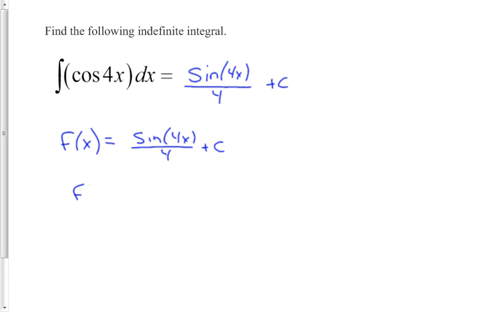Well, what would be my derivative of that? Well, the derivative of sine is cosine, so I would get the cosine of 4x all over 4, but oh, I've got to do the chain rule. Take the derivative of the 4x, so times it by 4. The derivative of c is 0. Well, my 4's cancel out, and I'm right back to where I started from.